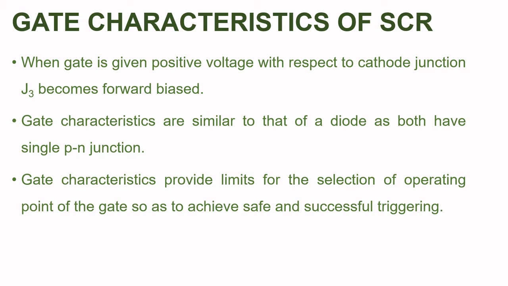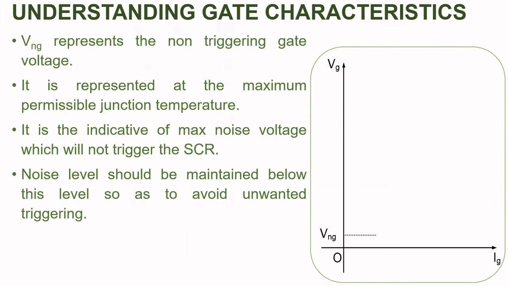So let us start with the gate characteristics. Our first terminology from the gate characteristics is the non-trigger gate voltage or VNG. VNG is the voltage below which the SCR gate will never get triggered.